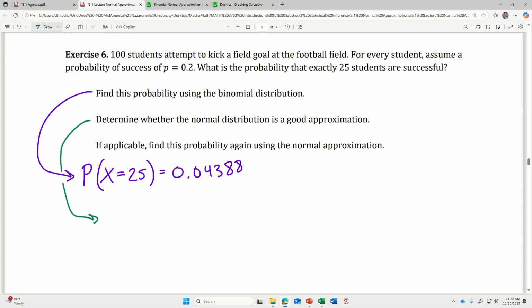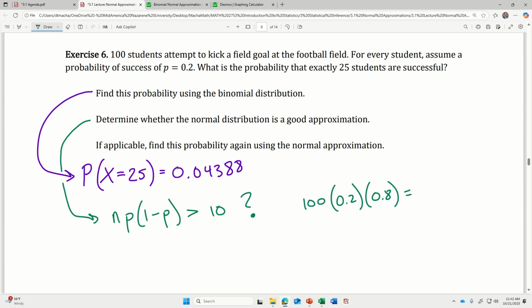Determine whether the normal distribution is a good approximation. And so we're asking, is n times p times 1 minus p greater than 10? I don't know. That's going to be 100 times 0.2 times 0.8.